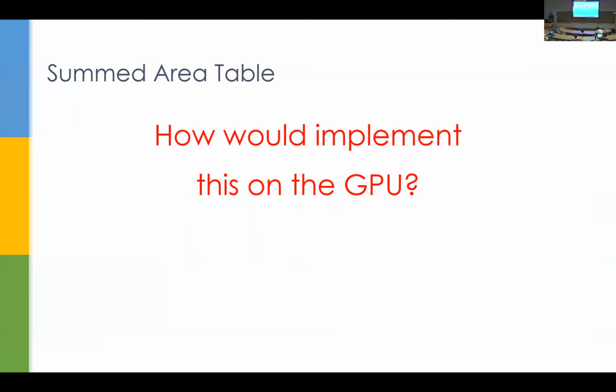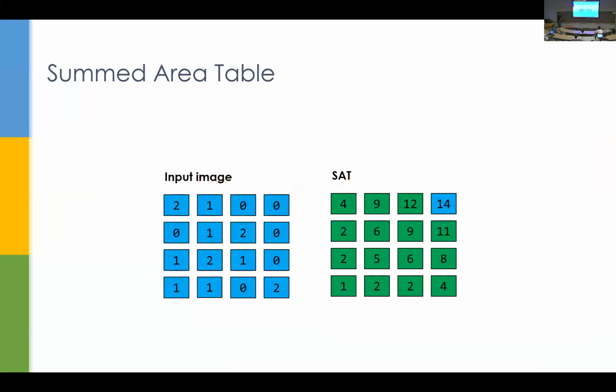So how do you implement this on the GPU? I'm pretty sure you guys know the answer there. I mean, thread indexes you have to use, but how would you actually do this? How do you do it in an optimized way, and without 14 having to read the entire matrix?